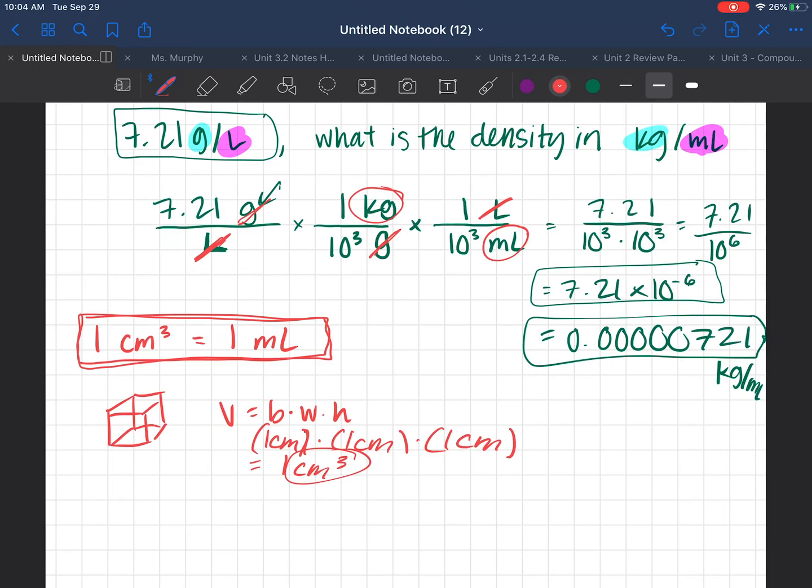Let's say you are asked to go from centimeters cubed to meters cubed. How would you do that? Well, we don't have a defined relationship between cubic centimeters and cubic meters, but we do have a relationship we can find between centimeters and meters.